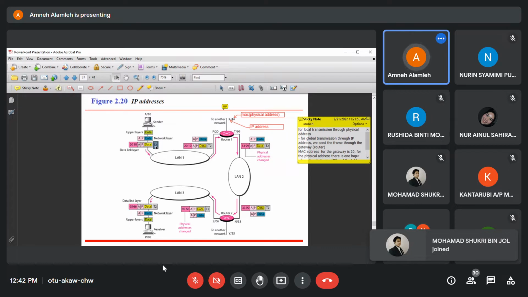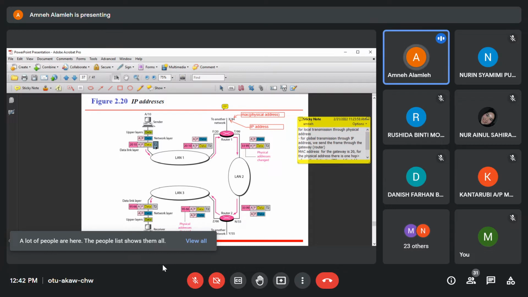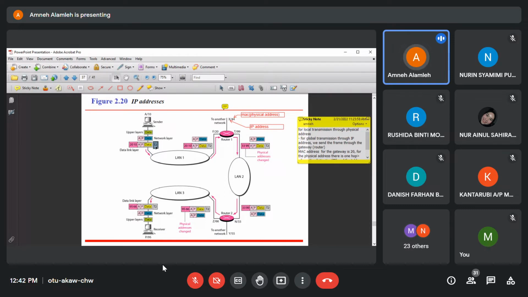So the trailer's mission is to check for data correction. The data is not altered. Nothing happened to the data. The data that comes from the sender to the receiver is the same. How can this be checked through the trailer? Through some mathematical function.